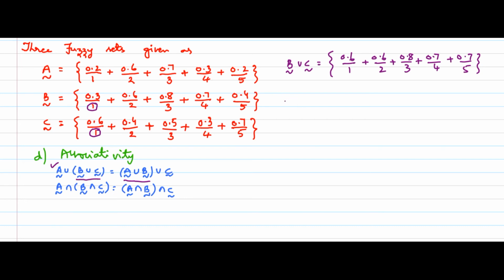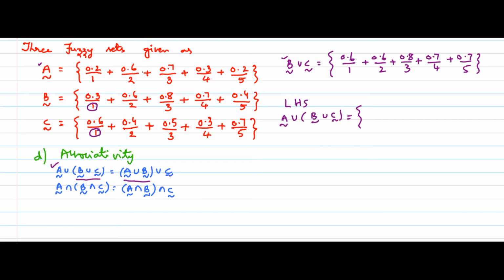Now I want to go ahead with the total left hand side, LHS, that is A union of B union C. So this is A union of B union C, which is equal to, this is B union C and this is A. Now same story, we need to identify the maximum out of those two corresponding to the same x value.